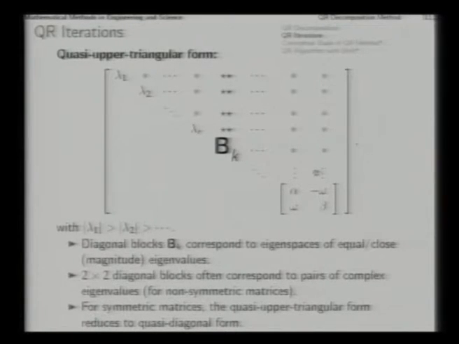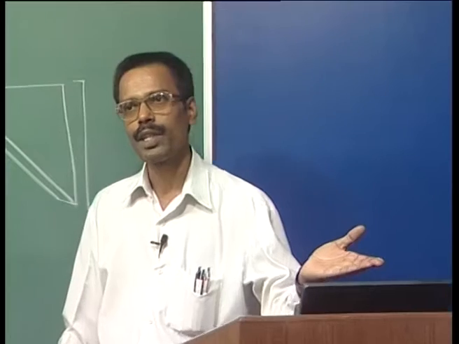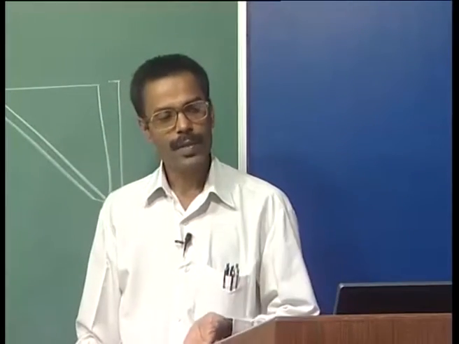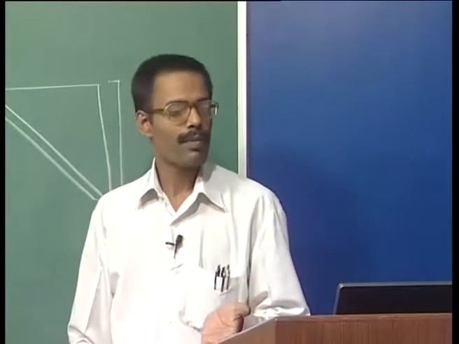And in this form, there is another interesting feature: the largest magnitude eigenvalue gets organized here, next here, next here, and so on. So the magnitudes of the eigenvalues along the diagonal are in decreasing order. Whenever there is a convergence to upper triangular form, you know that eigenvalues will appear in the diagonal entries, but eigenvalues get sorted also.